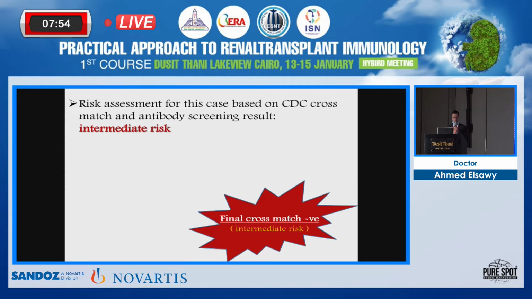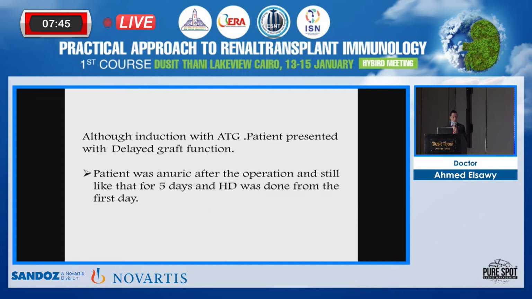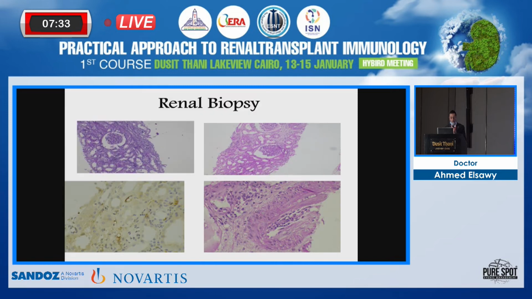Risk assessment for this case, based on CDC cross match and antibody screening, was intermediate risk. Although induction with ATG was given, the patient presented with delayed graft function. The patient was anuric after the operation and stayed like that for 5 days, and hemodialysis was done from the first day.